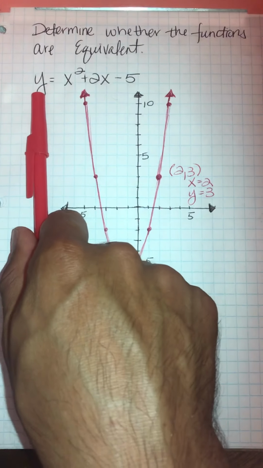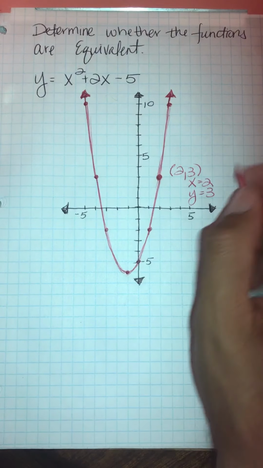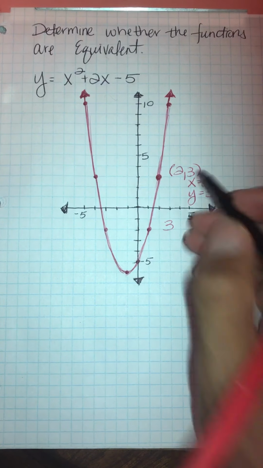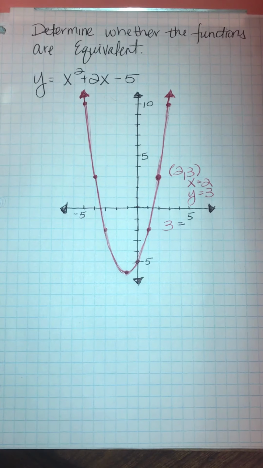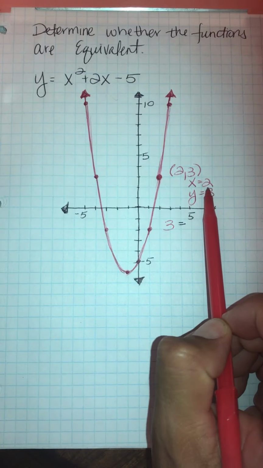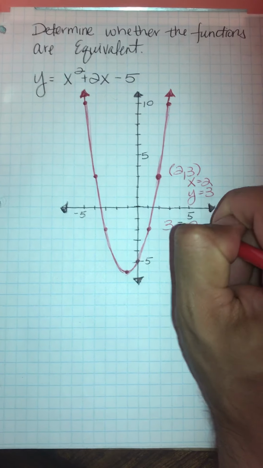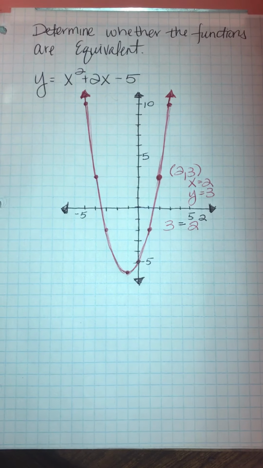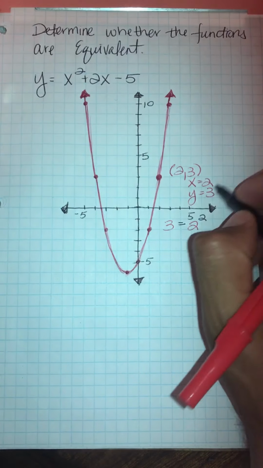So instead of y, I'm going to plug in 3, equals, instead of x squared, I'm going to plug in 2 squared, plus 2.